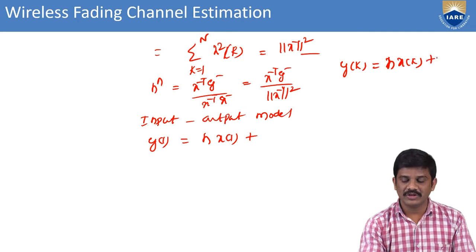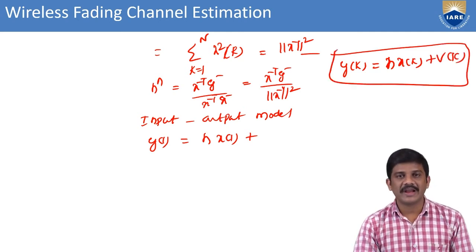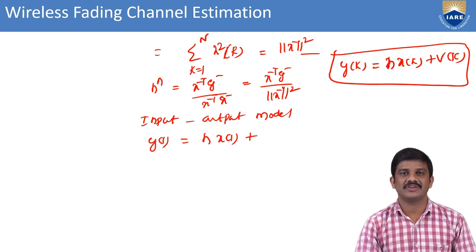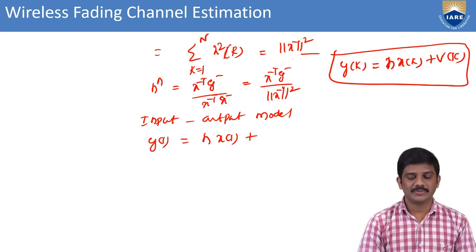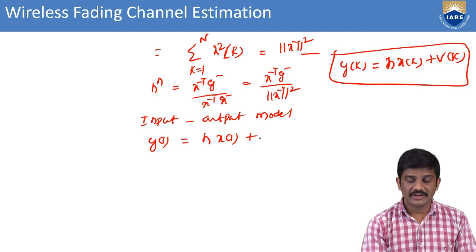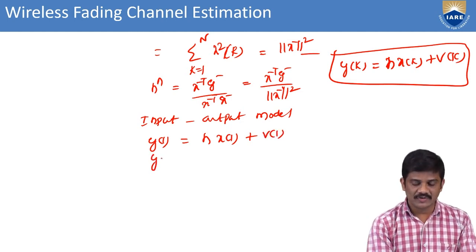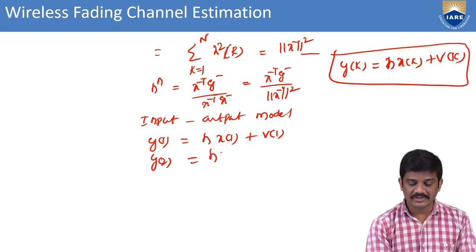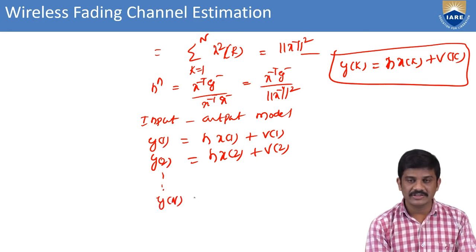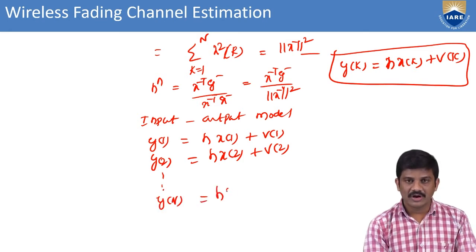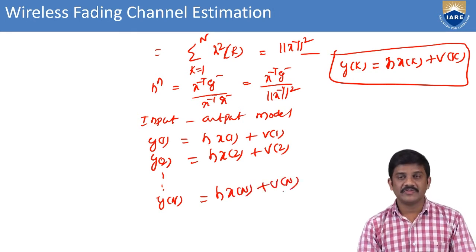But here we are considering different pilot symbols in the transmitter section and receiver section. That's why I can write the multiple observation models: y of 1 equal to h of x of 1 plus v of 1, y of 2 equal to h of x of 2 plus v of 2, and so on, y of n equal to h of x of n plus v of n.